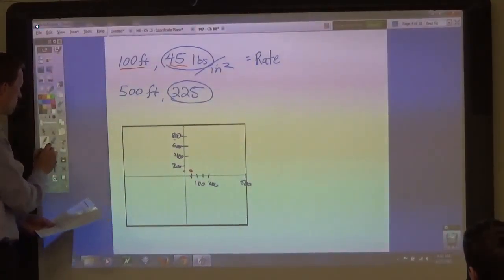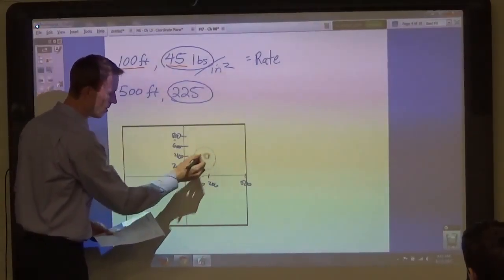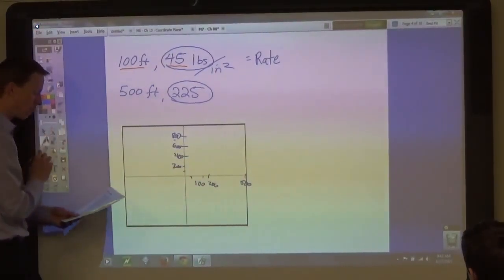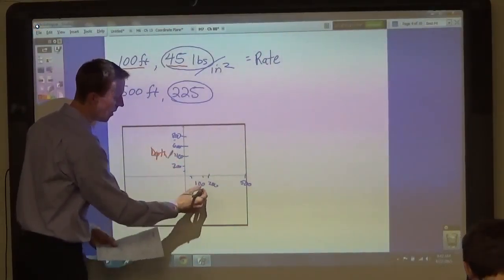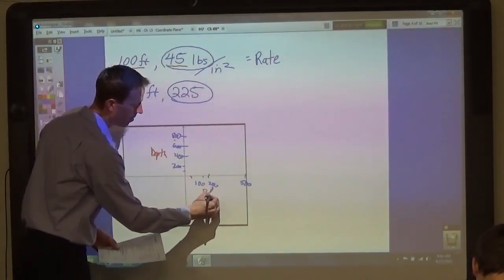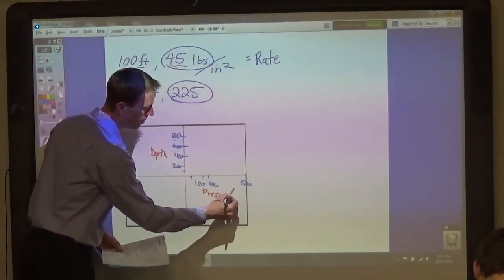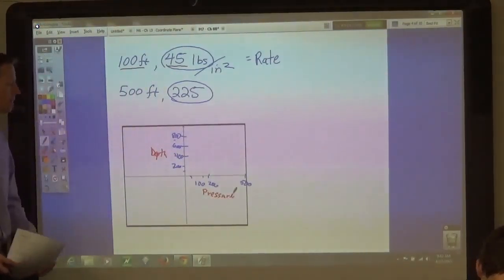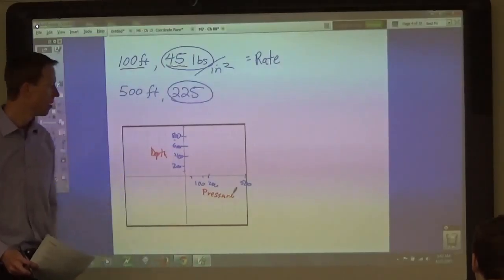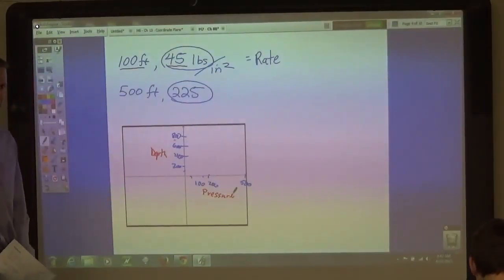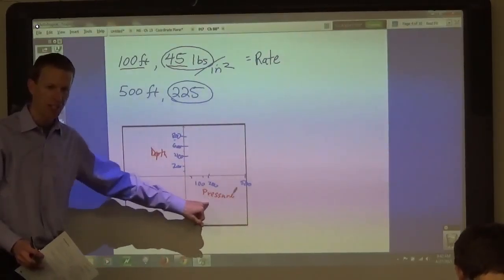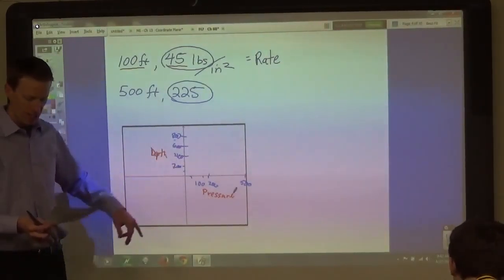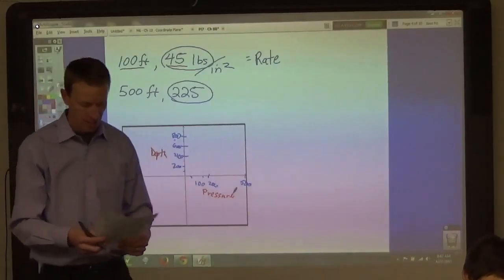No, I've got these numbers backwards, don't I? So this is the depth and this is the pressure. I think they set this up wrong. I think that this is called the independent variable. The depth should be here and the pressure here if I were to set this up, but anyway, this is how they have it.